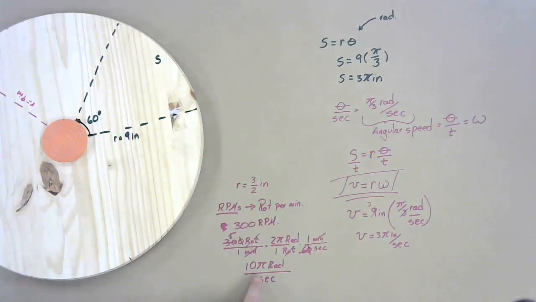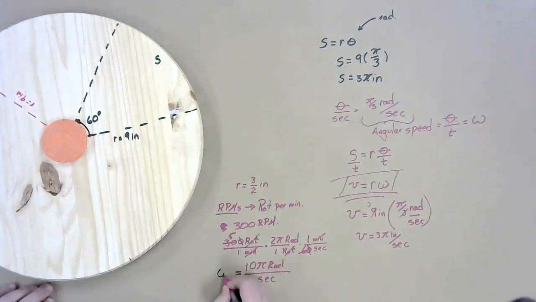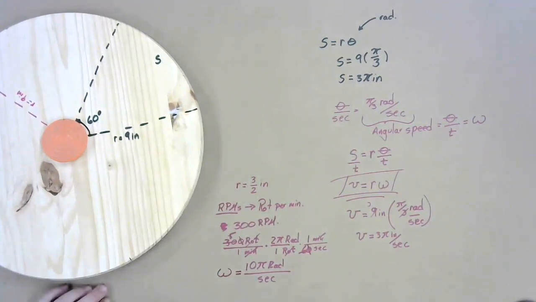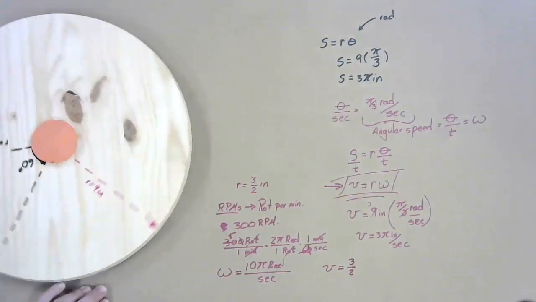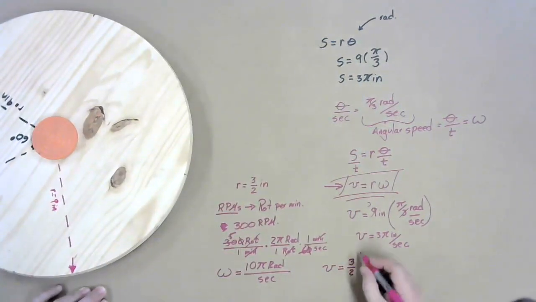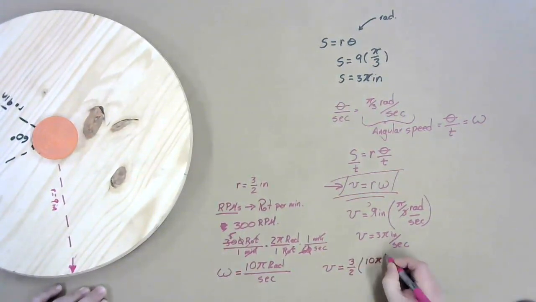Once we have it in radians per time, this is omega, it's an angular speed. So we can use it in our angular speed formula. So that linear speed is our radius. We said the radius was 3 halves inches. So 3 halves inches, we'll fill in for the spinning circle, times our omega 10 pi, and that's in radians per second.